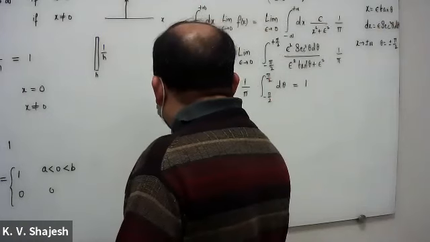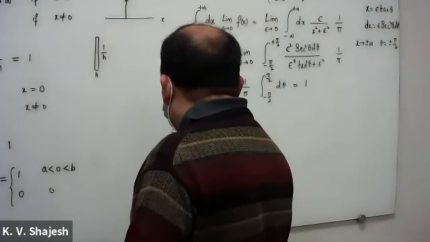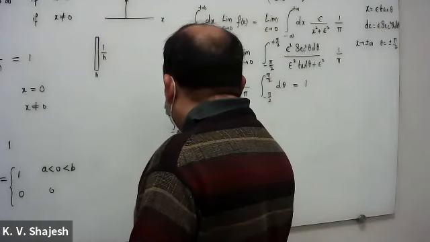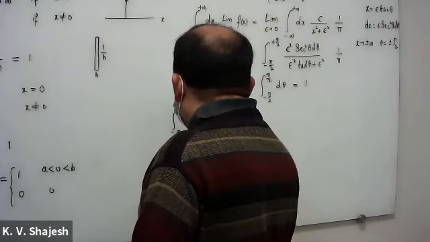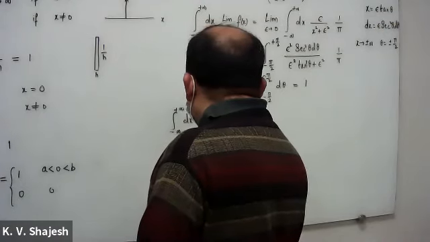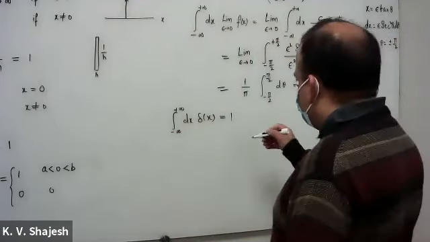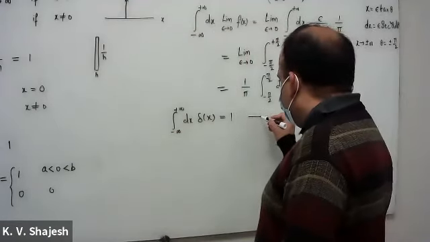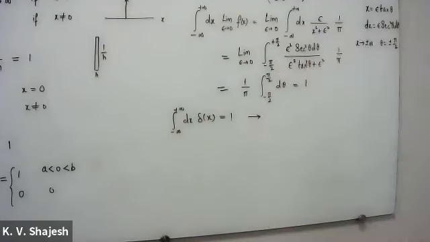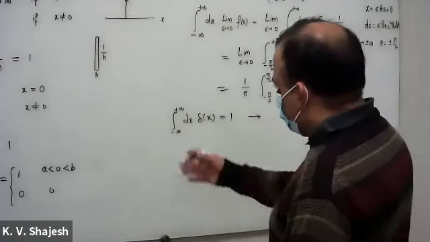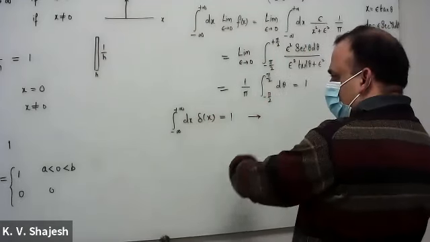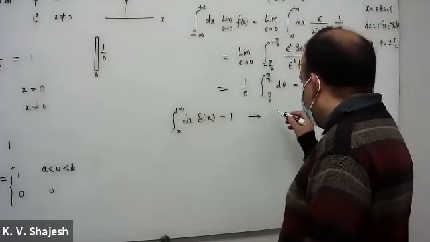So one of the defining characteristics of the delta function is the integral of dx delta of x is equal to 1. Extend this: it doesn't have to be positioned at x equal to 0. You can move it around, right? Just substitute x equal to x minus x prime if you want.